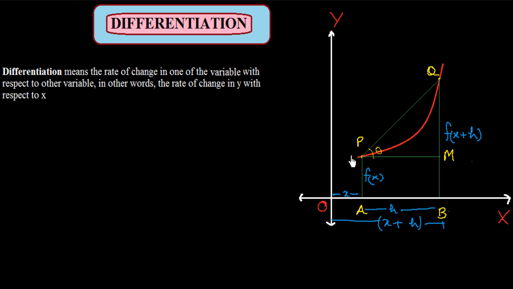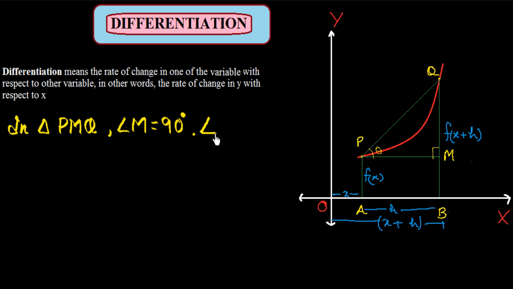Now in this triangle PQM, angle M is 90 degrees, and angle P is theta.